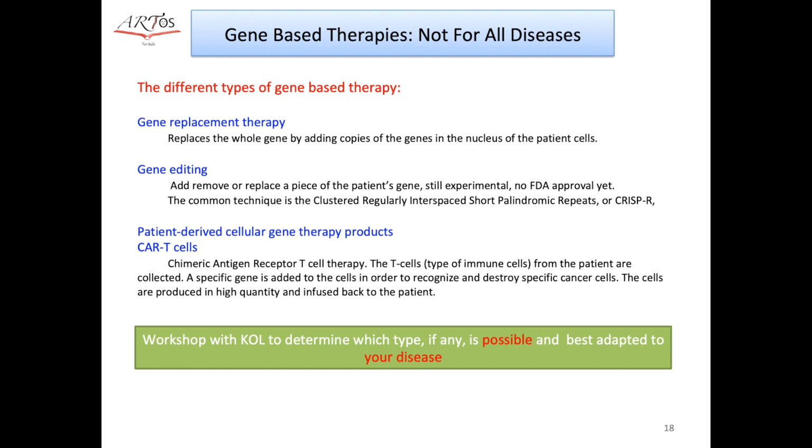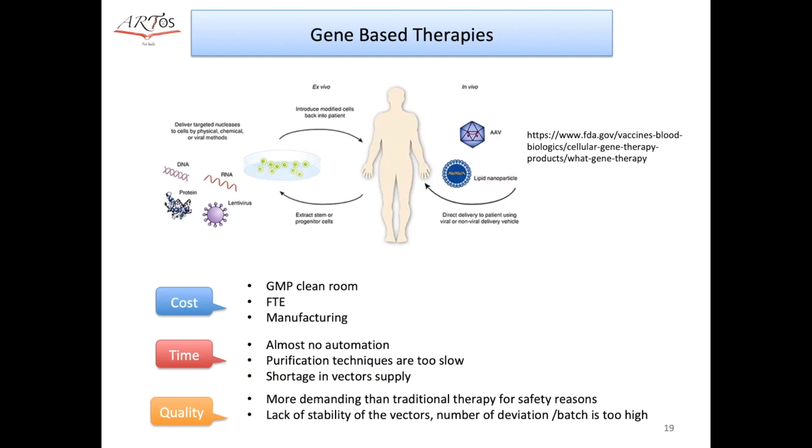So first, organize a workshop with key opinion leaders to determine which type of biological-based therapy, if any, is possible and best adapted to your disease. The different gene therapies can be separated into two big groups according to their way of delivery to the patients: the ex vivo and the in vivo therapy.